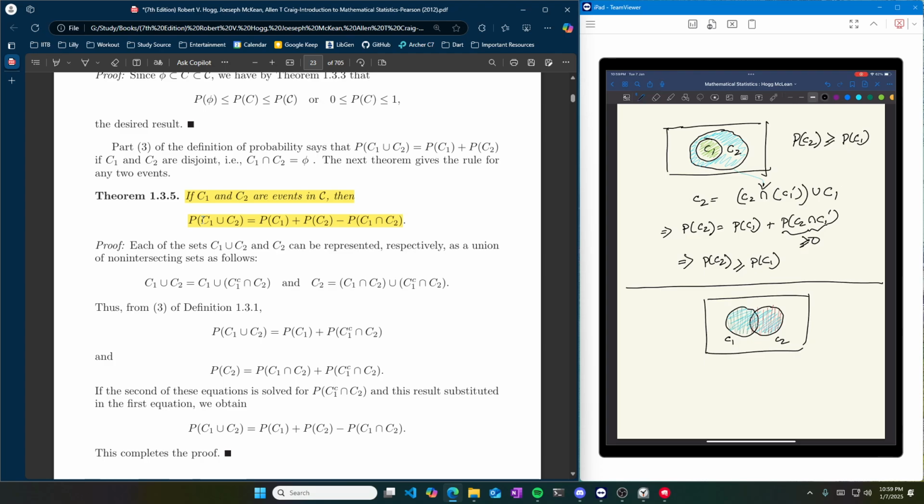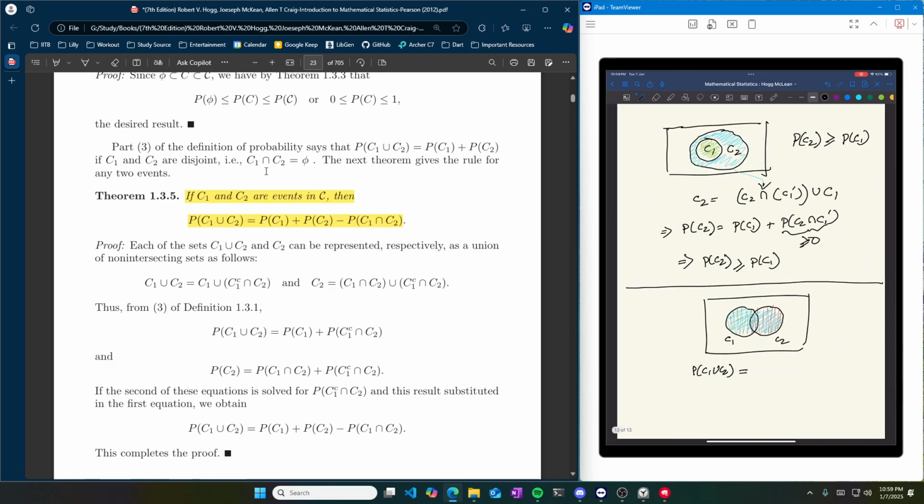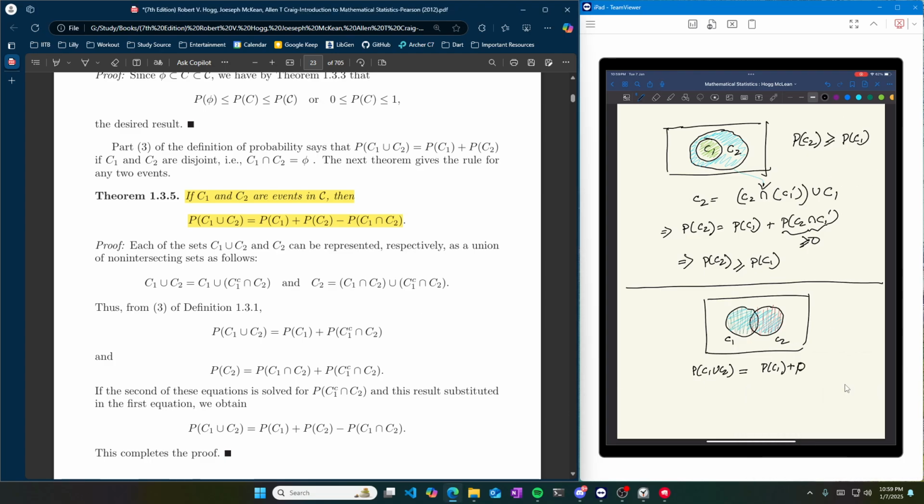So one can easily write that the probability of C1 union C2 is always the probability of C1 plus C2, right? This is what one might imagine already.